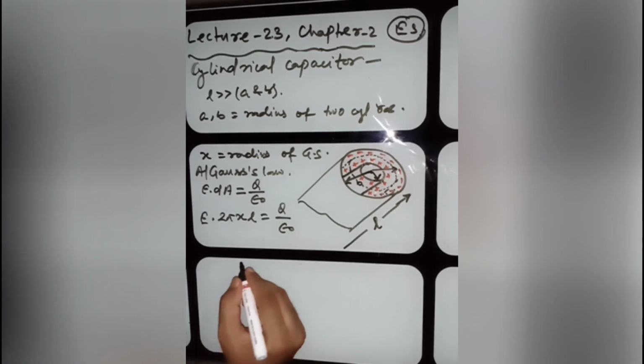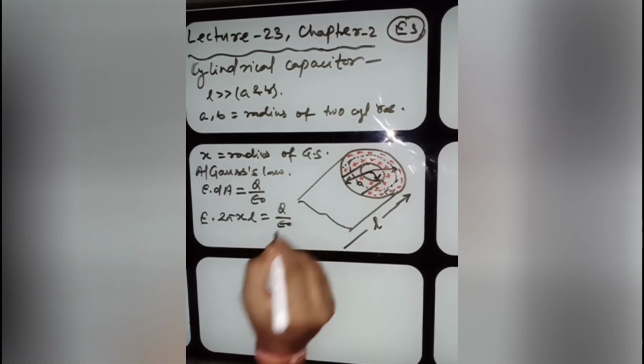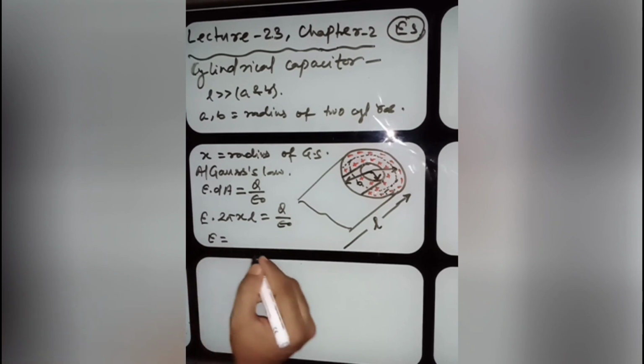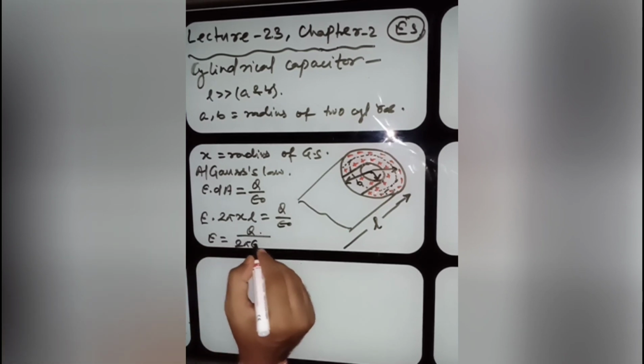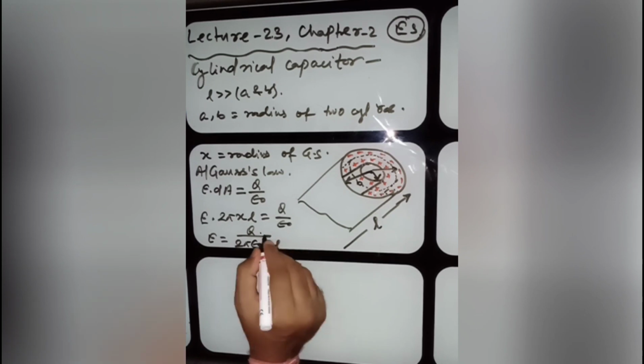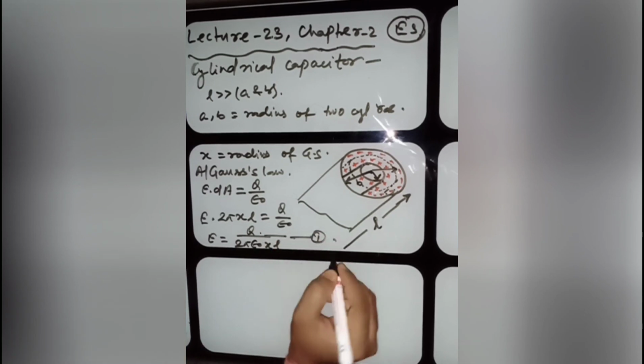So E can be written as Q by 2 pi epsilon naught x L. This is equation 1.